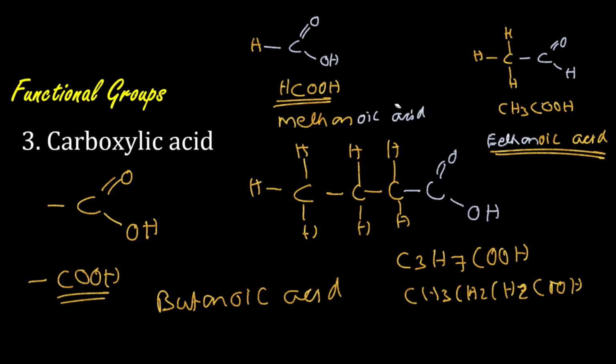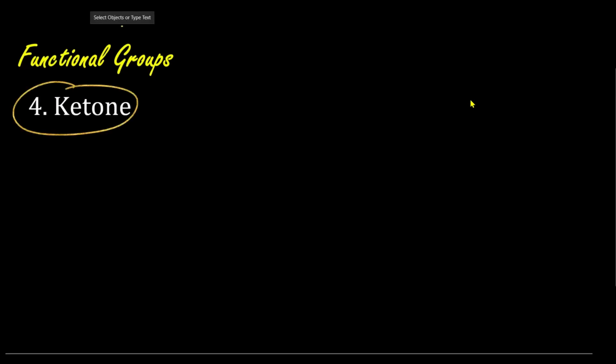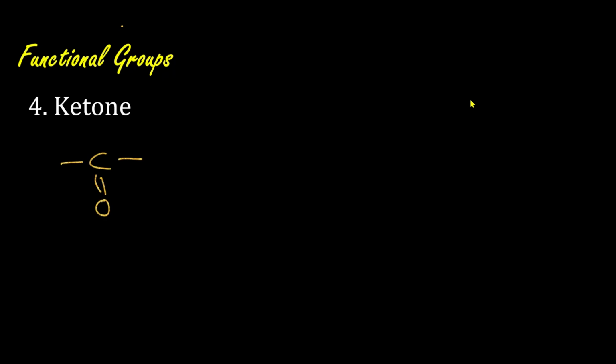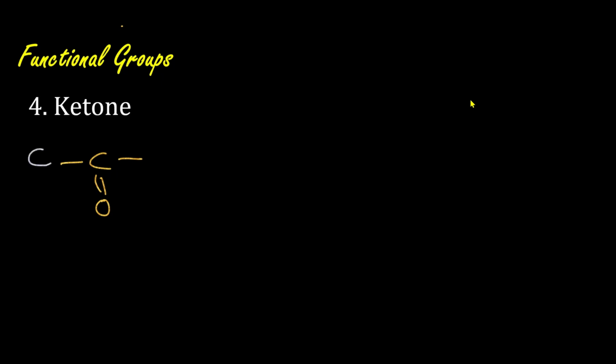Now next is ketone. For the ketone functional group, what you have to remember, number one, is the structure. You should know that the ketone is C double bond O, but the important thing to consider here is that it has a bond on either side. That means there must be a minimum of three carbon atoms present for the formation of this compound.